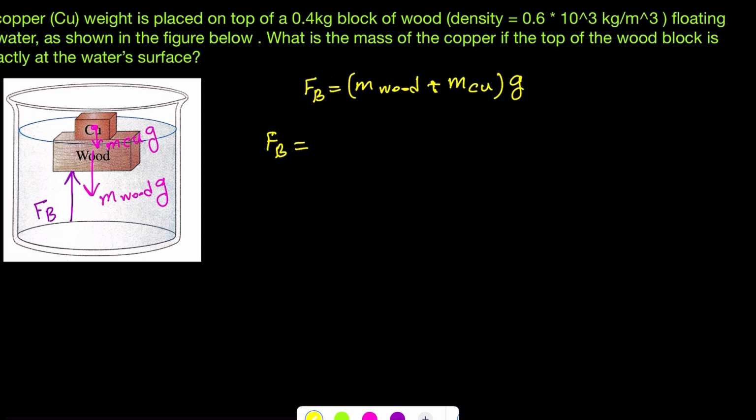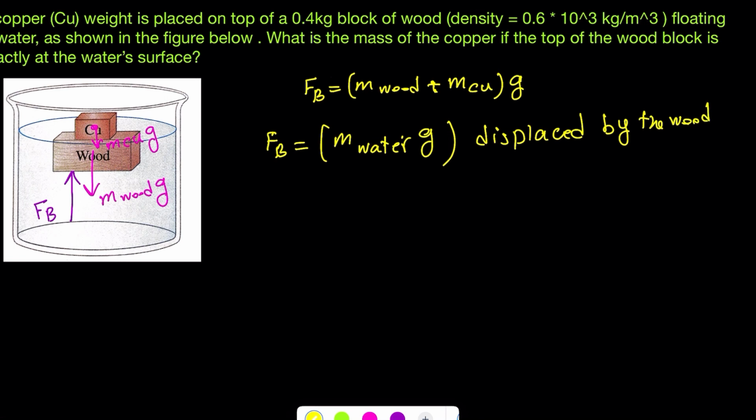So we say m water g, which has been displaced. Displaced by what? By the wood block. So we have two equations and then we can set them equal and we can solve this problem. But still we need to find the mass of water, how much mass of water has been displaced.